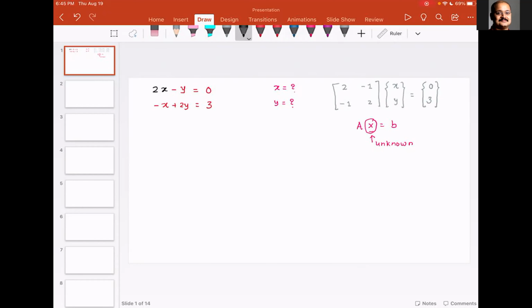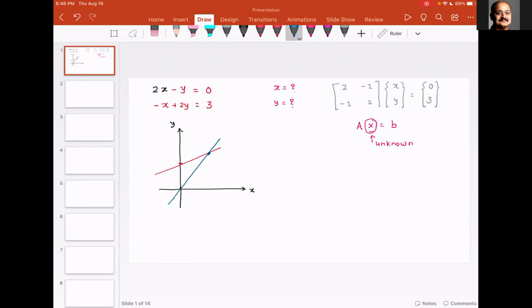What I'm going to do is have a y-axis, an x-axis, and plot the line. So this one line, and then the second line, and the point where these two lines intersect. So let me show you.